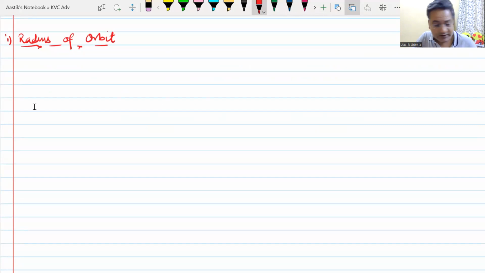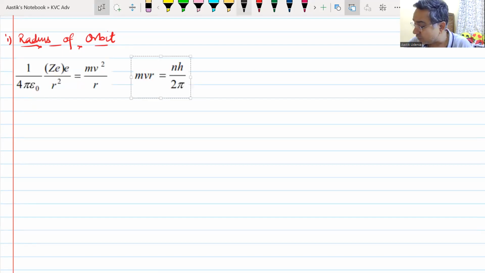Using these basic equations, we derive all these formulae, and you will have to remember all these formulae in whatever different ways that you can remember. So the basic equation that you all know, this is equation number 1 and this is equation number 2.